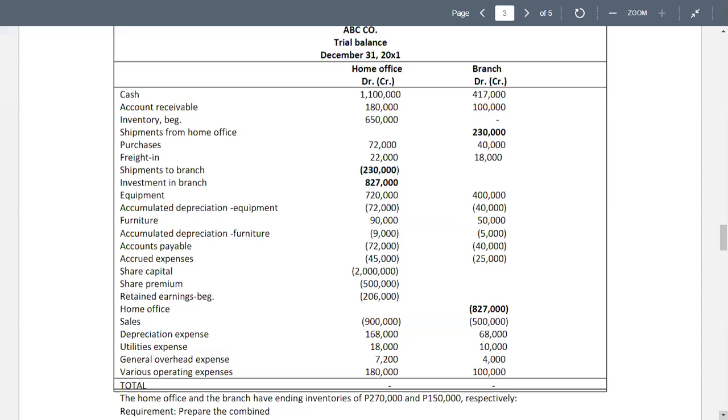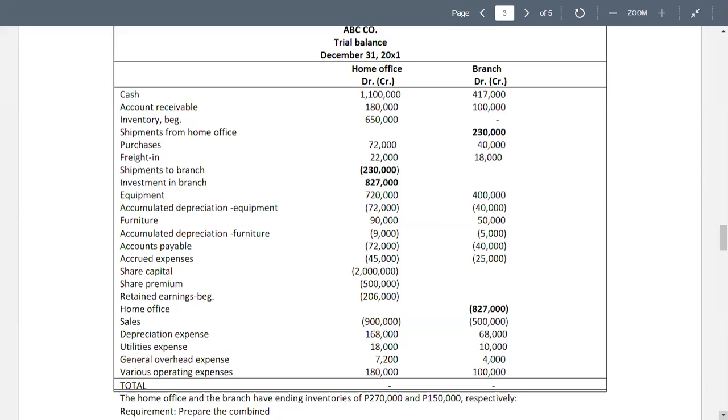Your heading will be ABC Company, working paper for combined financial statements, December 31, 20X1.